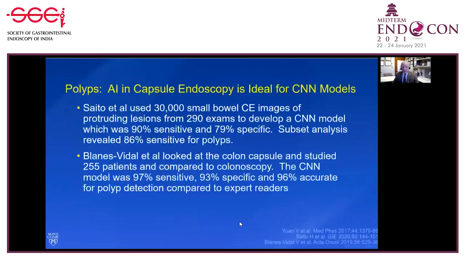There have been several studies, but in this case, you can see that the small bowel capsule studies were looked at for polyps with 90% sensitivity and 79% specificity. And in this study, the neural model was 97% sensitive, 93% specific, and 96% accurate for polyp detection.